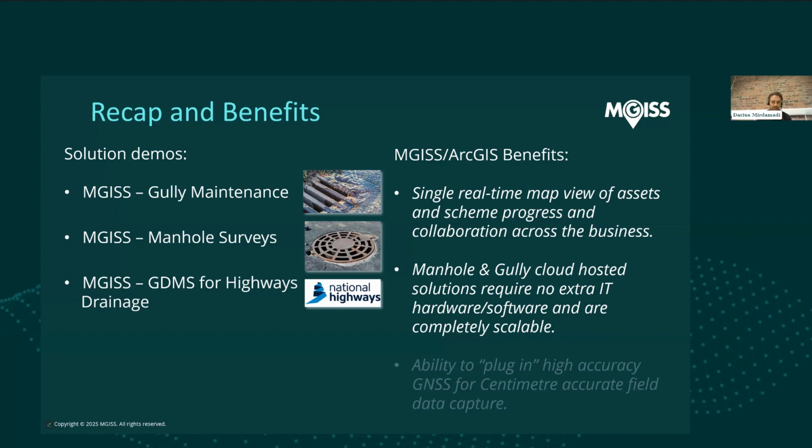And the ability to plug in high accuracy GNSS for centimeter accurate field data capture is fully supported. So we believe that these tangible benefits will ultimately manifest into time and cost savings across your business. And by the way, if you already have your own ArcGIS Worker licenses, you can plug into these systems at a lower cost.